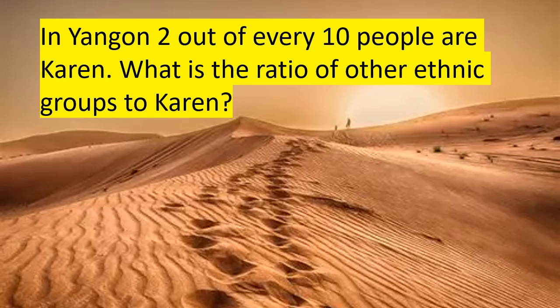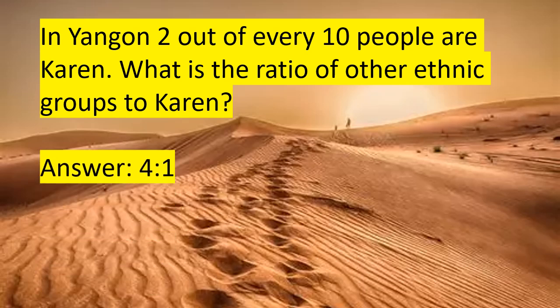In Yangon, 2 out of every 10 people are Karen. What is the ratio of other ethnic groups to Karen? Okay, let's go to the answer. The answer is 4:1.